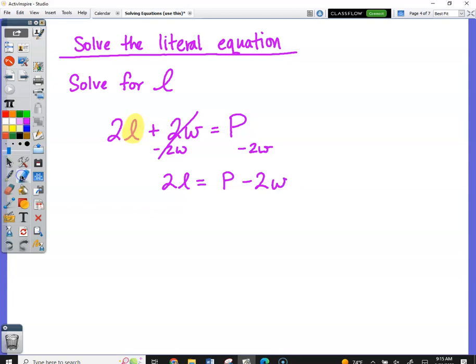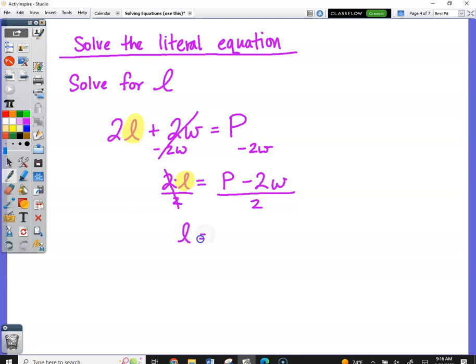Now, the goal was L by itself. What's in the way? 2. How's it attached? Multiplication, so I'm going to move it by division. Normally, I don't suggest to come over here and draw one big fraction bar, but with solving literal equations, I do. Okay?